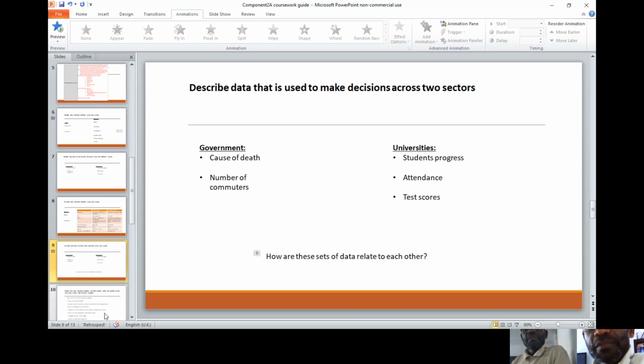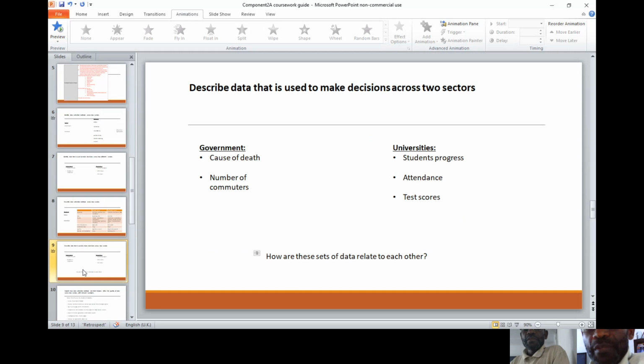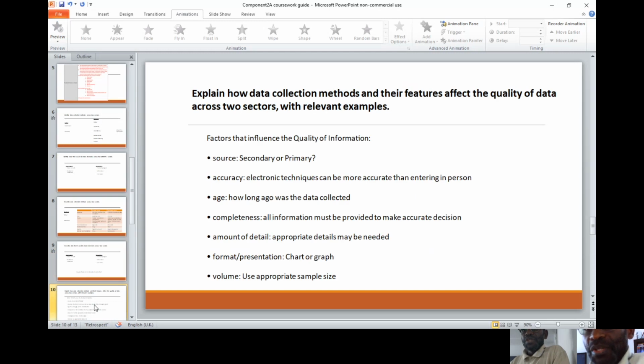The next one is explain. So now we're moving ahead from describing to explain. Explain how data collection methods and their features affect the quality of data across two sectors with relevant examples.